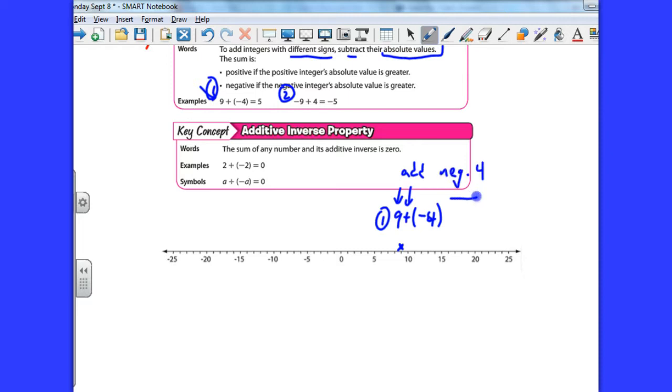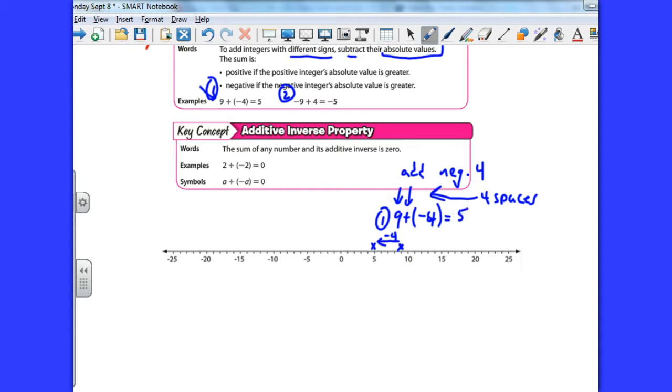If I add -4, I'm going to move that way on my number line 4 spaces. So if I'm at 9 and I count 4, I go 1, 2, 3, I end up right here. I went this way 4, so I went -4, went 9 plus -4, and I ended up on the 5 right there. So 9 plus -4 is 5.